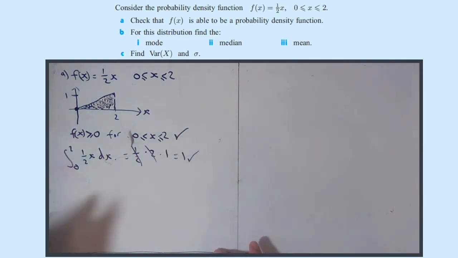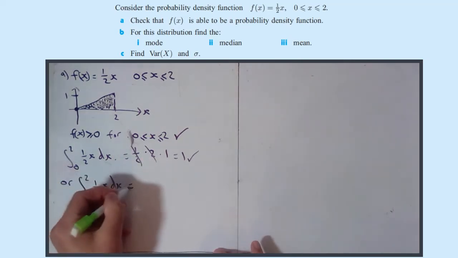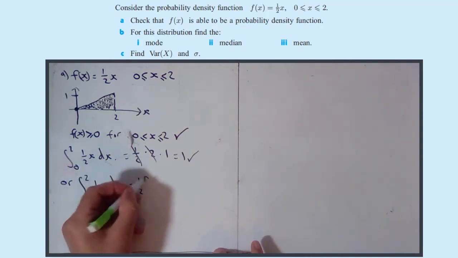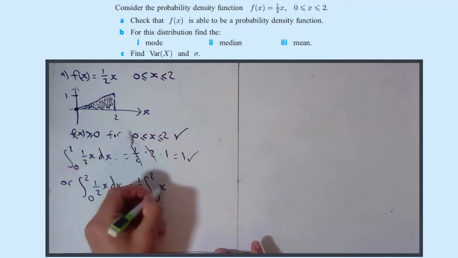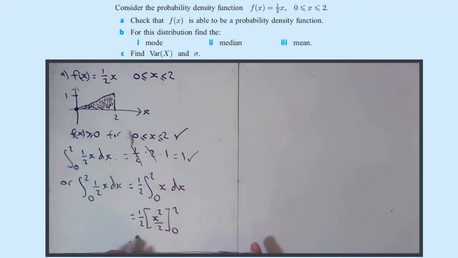If you want to check it by integrating as well, the integral between 0 and 2 of a half of x dx, you could pull the half out, so it equals a half times the integral of x dx, which equals a half times x squared over 2 between 0 and 2. That equals a half times 2 squared over 2 minus 0 squared over 2, minus 0. 2 squared over 2 is 4 over 2, which is 2. 2 times a half is still 1.